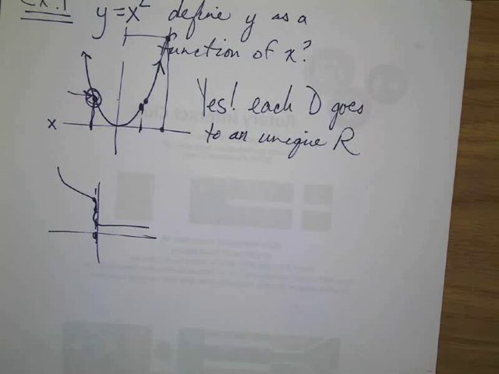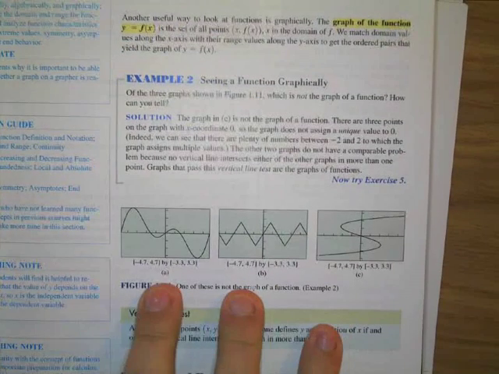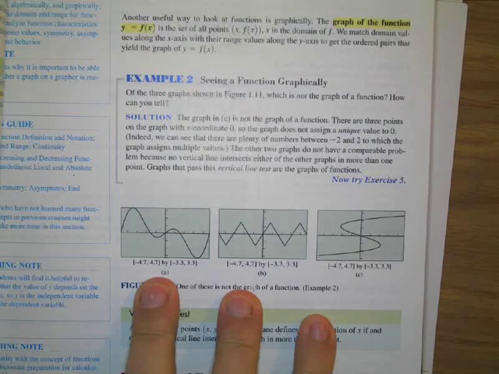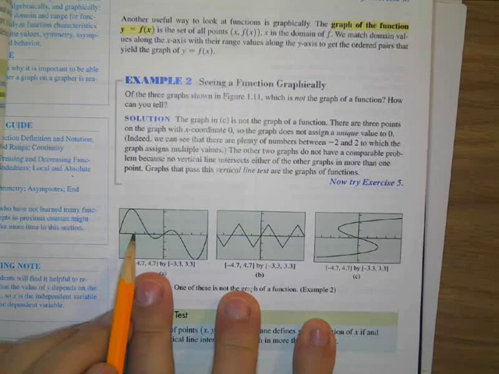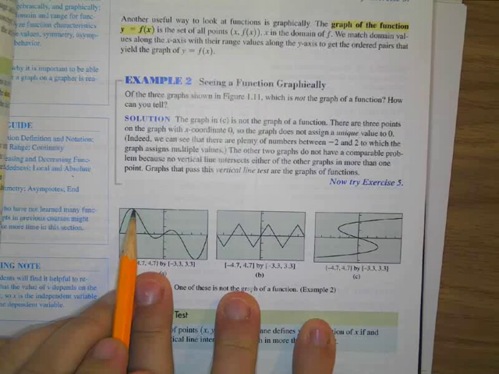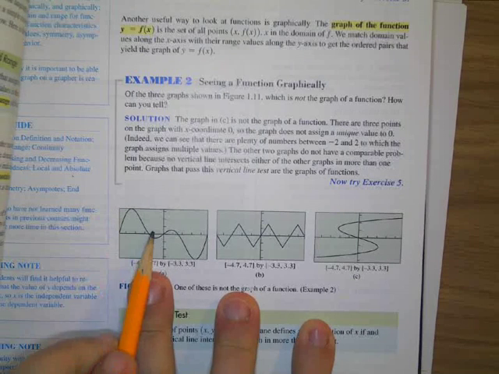Is this okay? Okay. Which of the following is not a function, and how can we tell? So here's what they're trying to show you. If you look at this, does every x value in this one go to a specific y value? Yes.